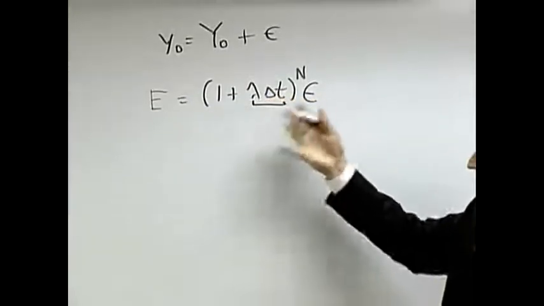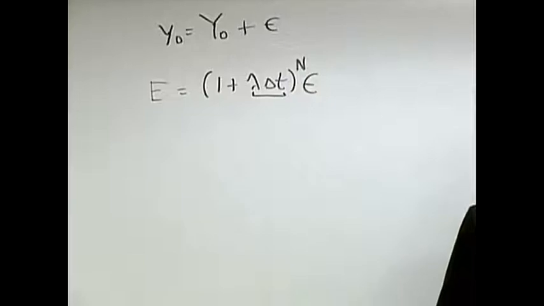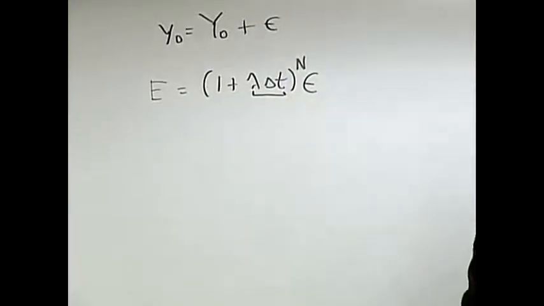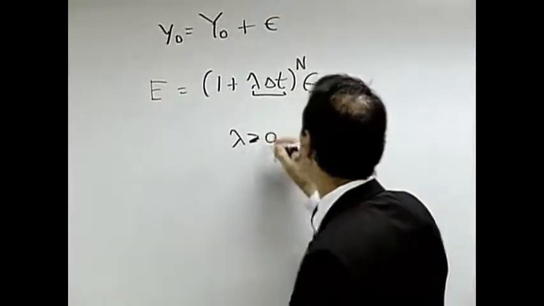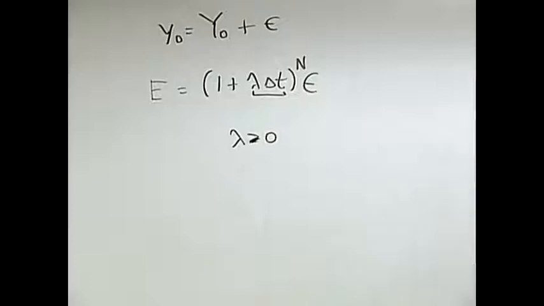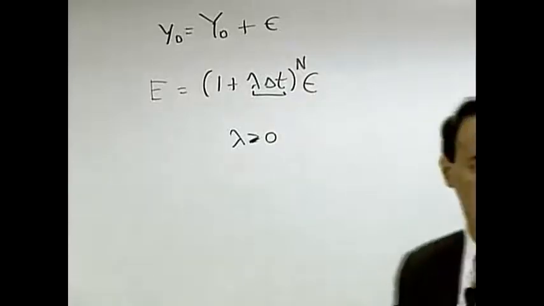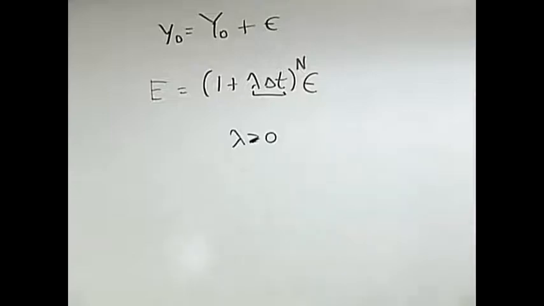And by the way, if that's bigger than 0, and presumably you're taking delta t to be a positive number, so if you have lambda, which is positive, what happens to this number here? That thing goes to infinity. Okay? That's problematic. That's where we start having the idea of the unstable scheme. Okay?